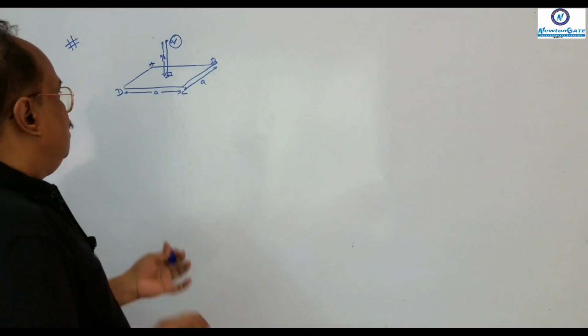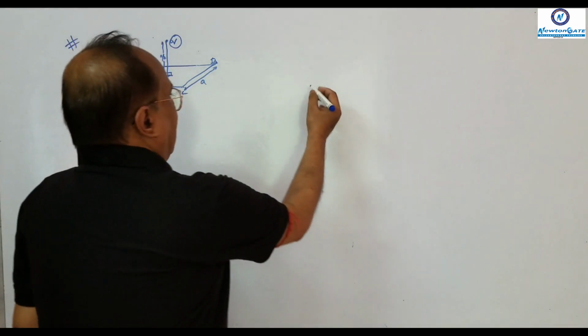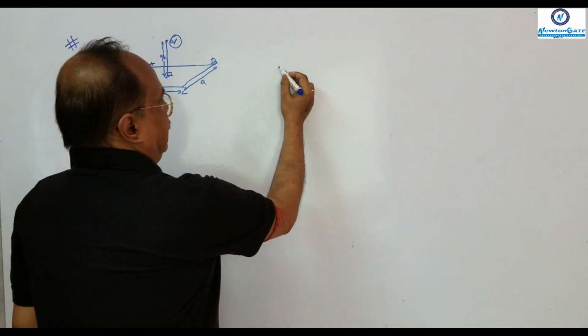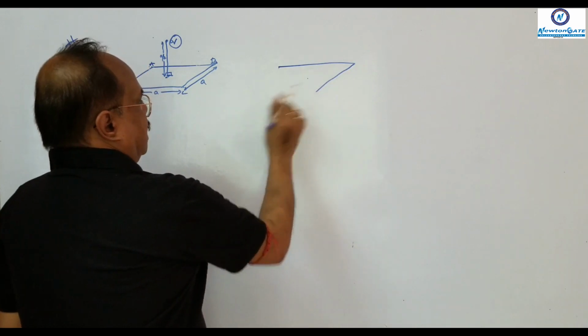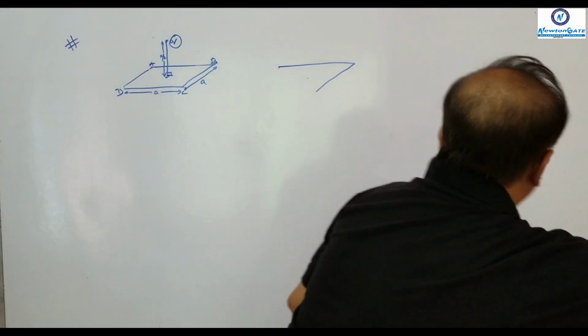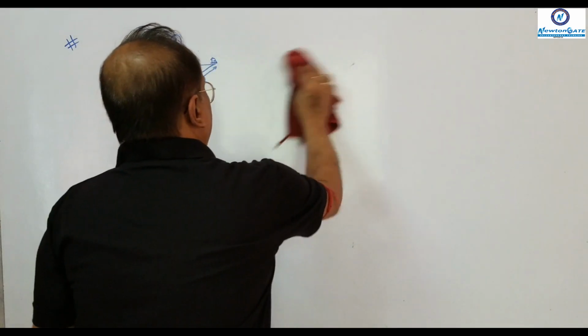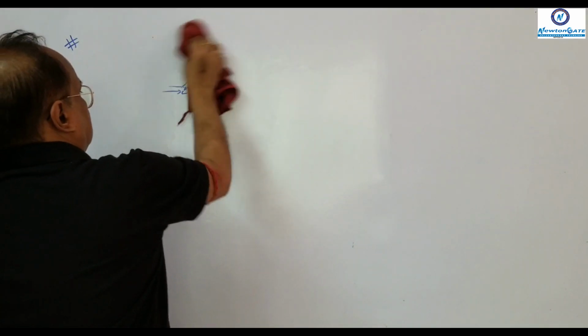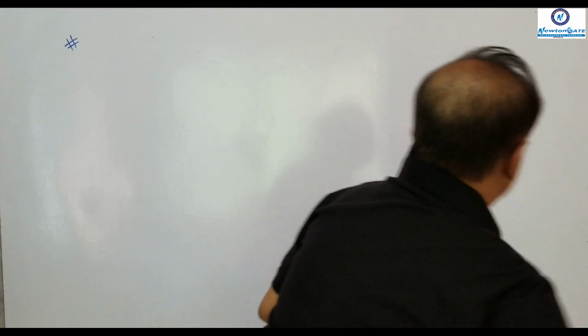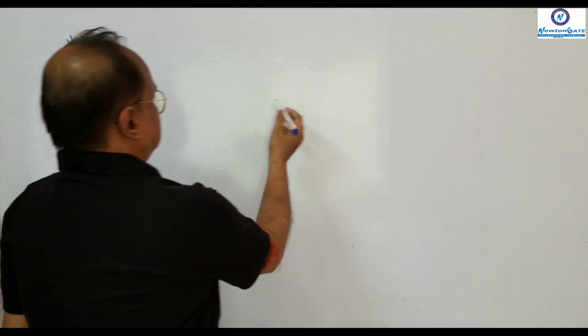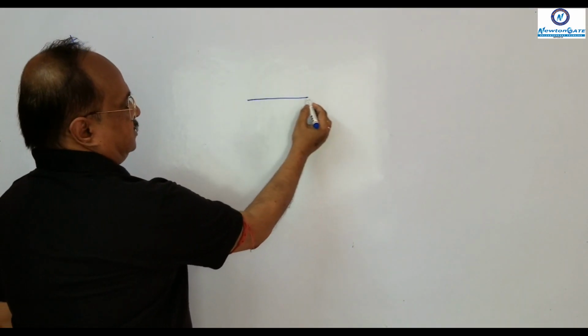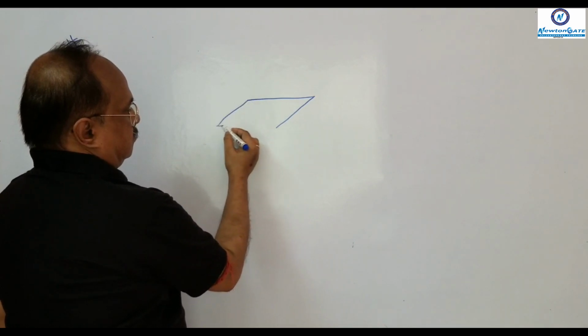Let us see it. I will make a cube. Let us make this cube like this. You can see it.